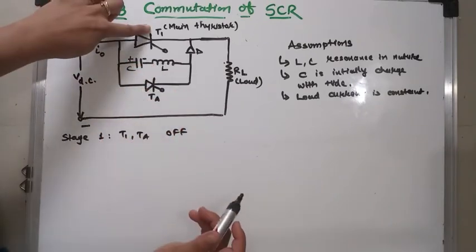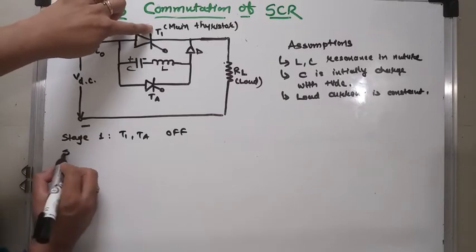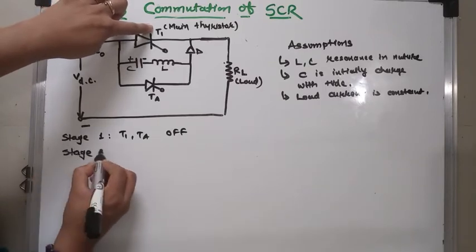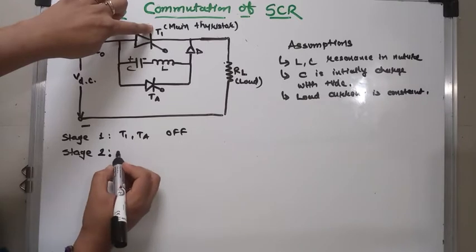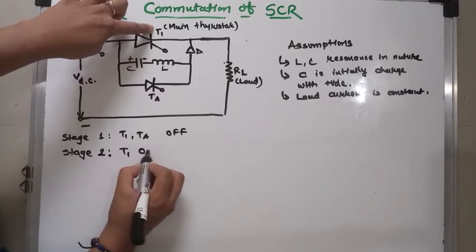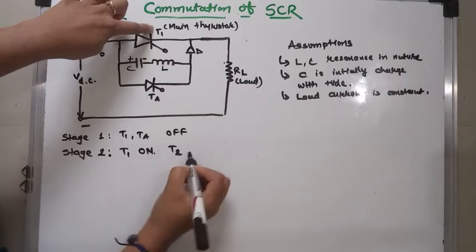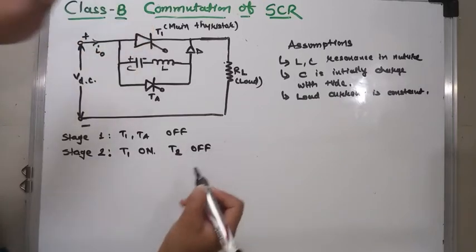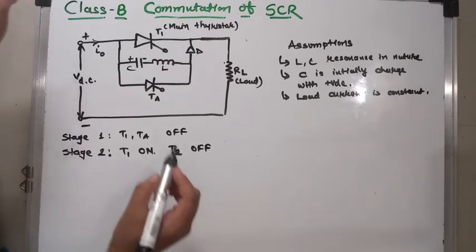Now T1 is turned on. In stage number 2, T1 is on and TA is off.